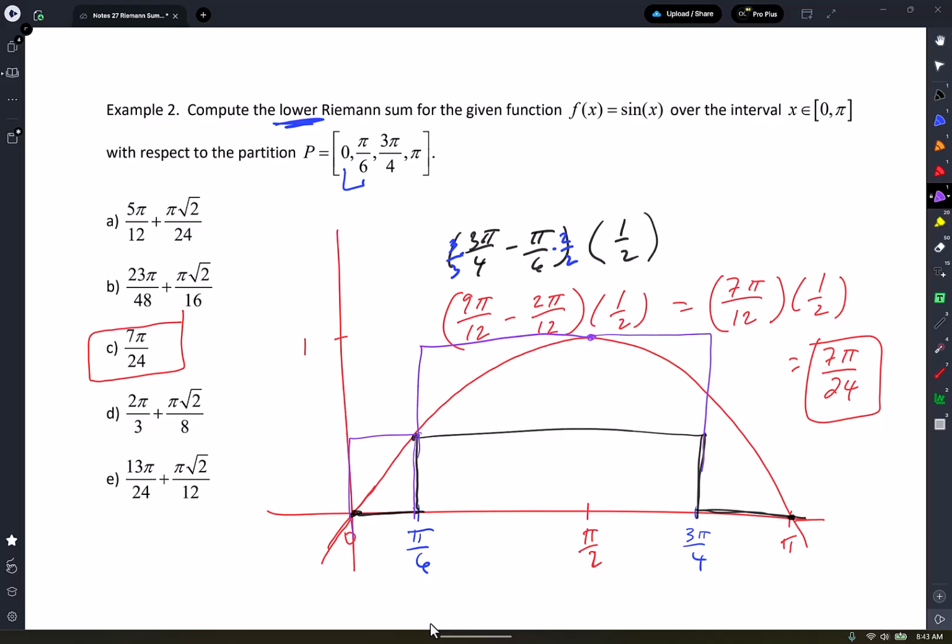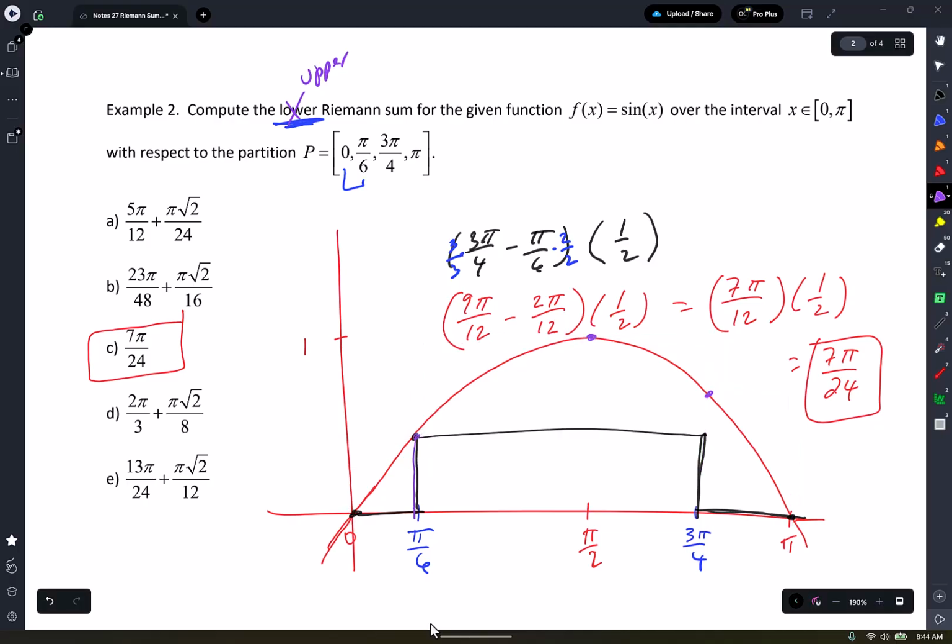If it would have said upper. It's the highest point on the interval, on the partition. Correct. See how at pi over 2 it's the highest? And between 3 pi over 4 and pi, if it would have said upper, I would have done those 3. Do you guys see that? Okay. I'm going to delete them because it's not asking for upper. And I'm going to delete the word upper.